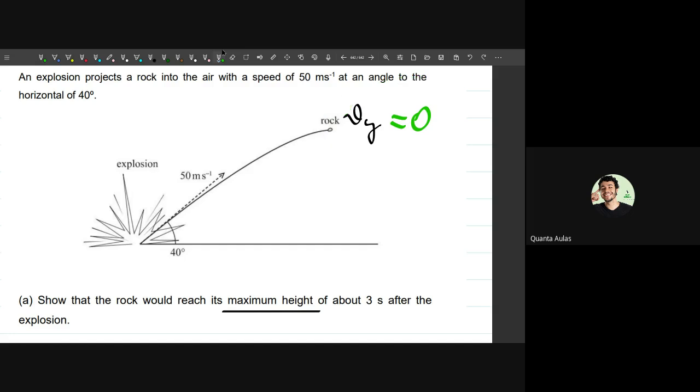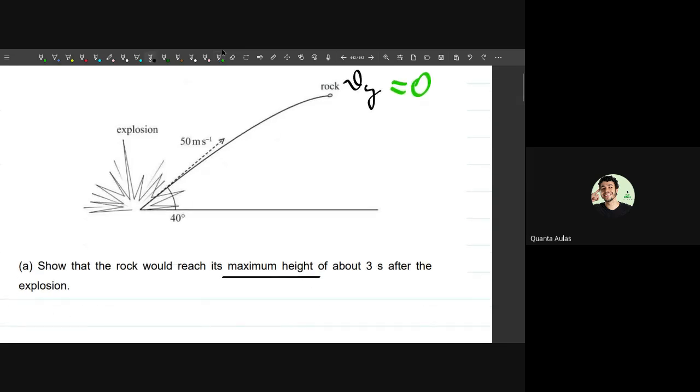So we can now write an expression for this velocity, and we know this equation: final velocity is equal to initial velocity plus acceleration times time, right? We need to define some things here too.